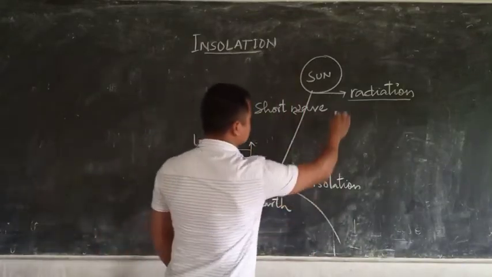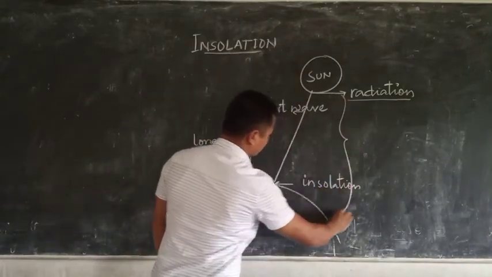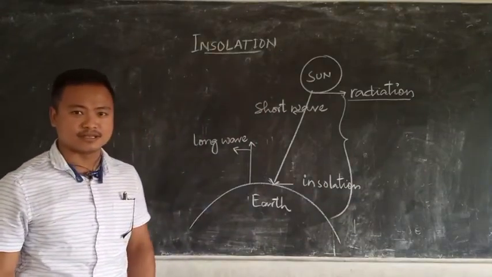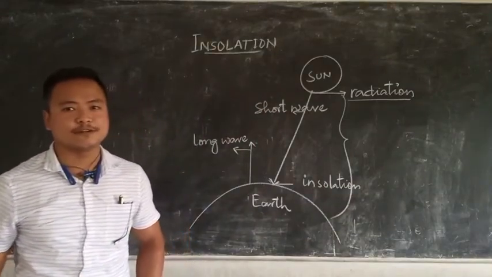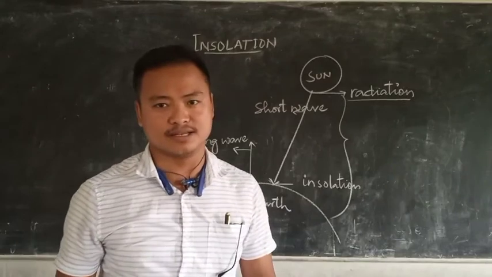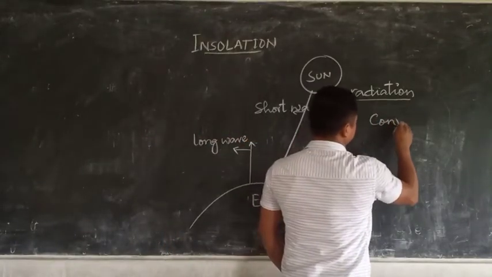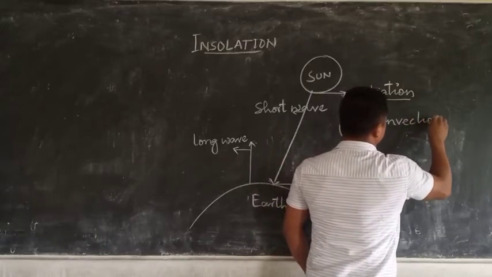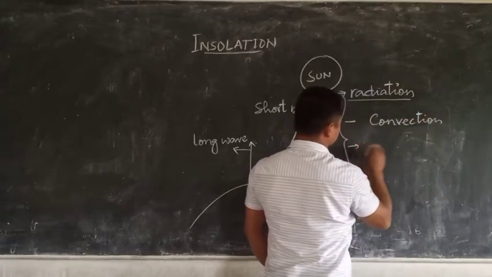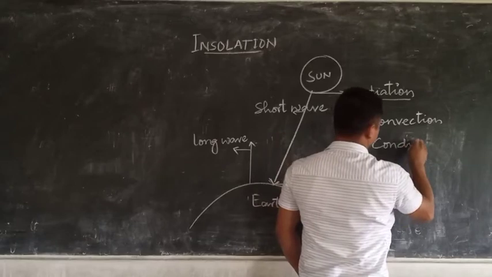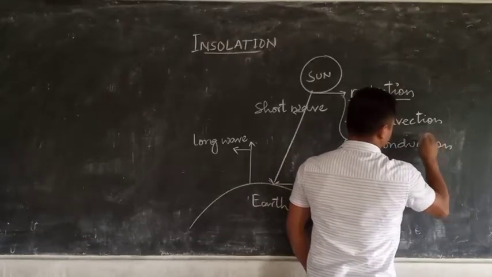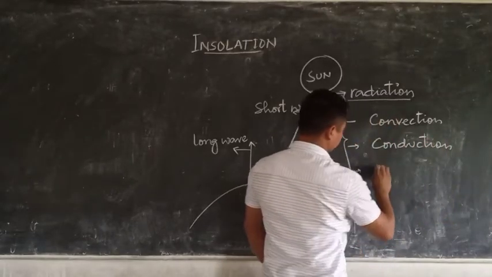Now, with the heat received by the Earth from the Sun, there are three different processes that help in heating the Earth's atmosphere. One is convection. Second is conduction, and third is radiation.